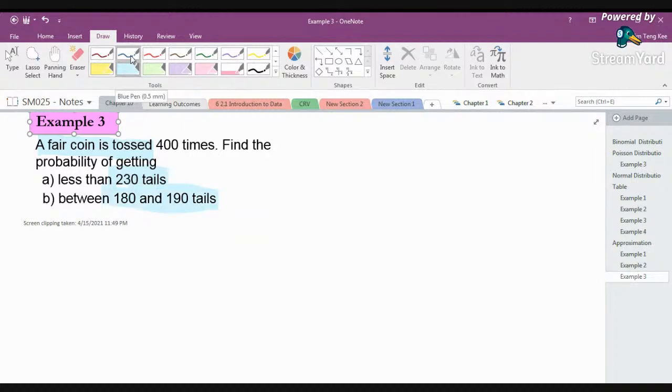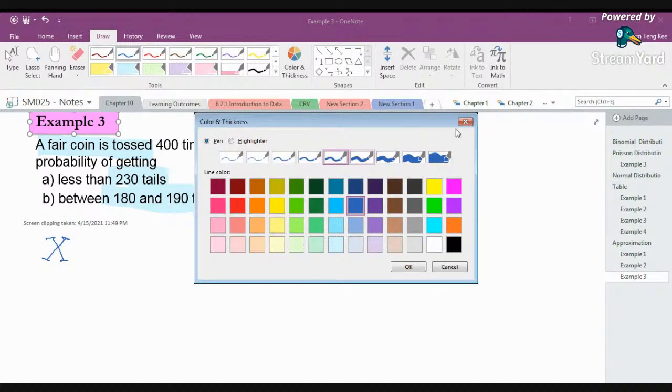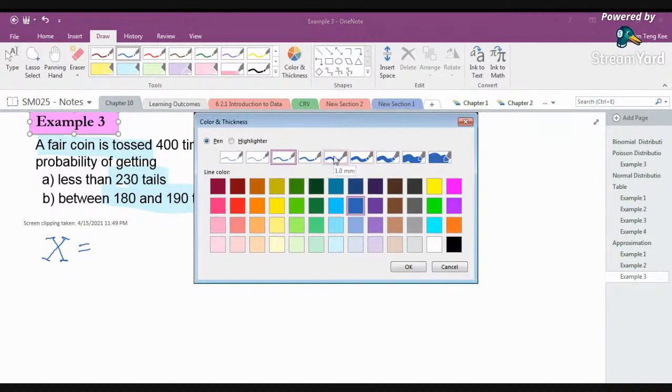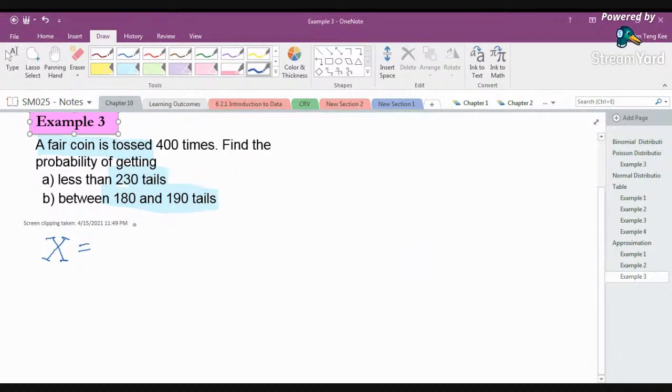So in this case, I will define the random variable X as the number of tails obtained, because all this while we are discussing how many tails are obtained.